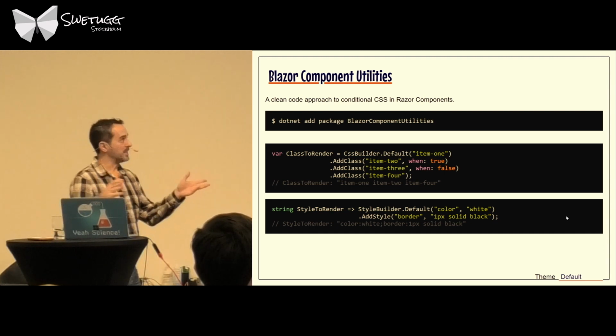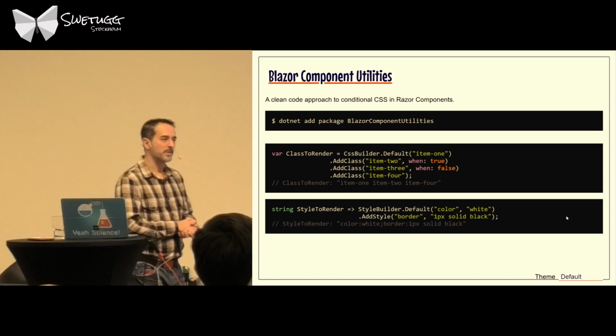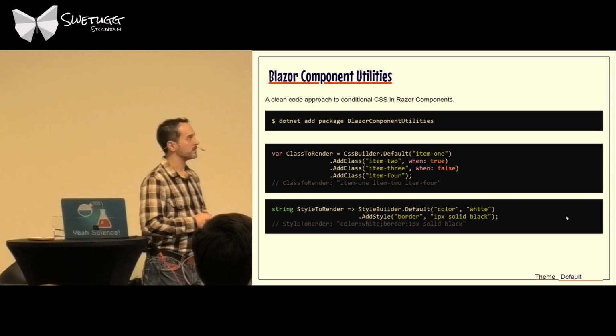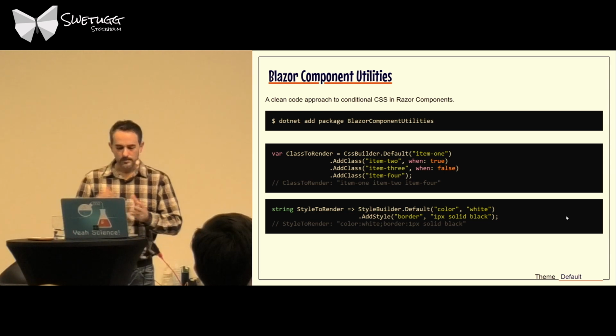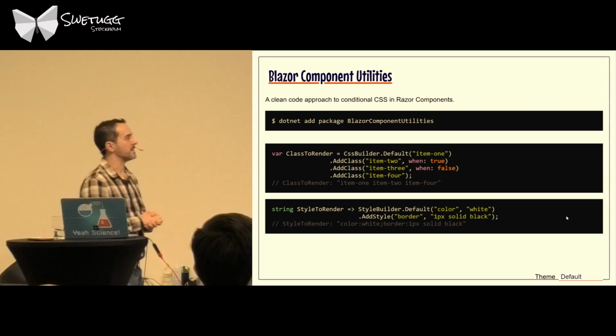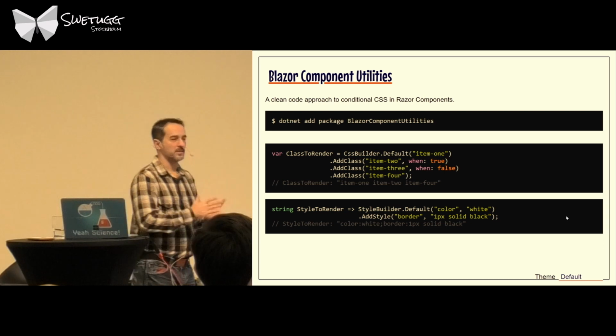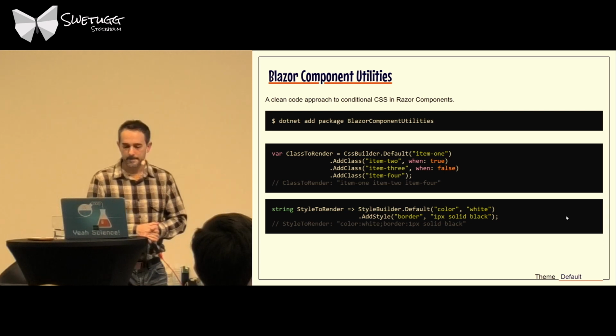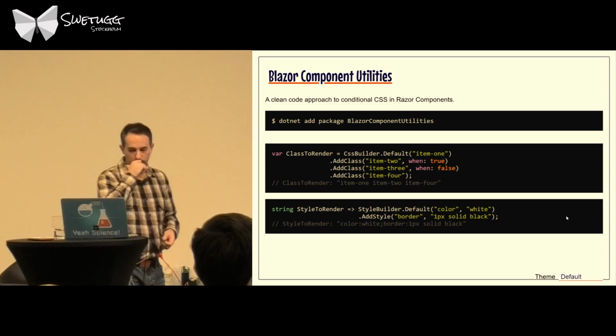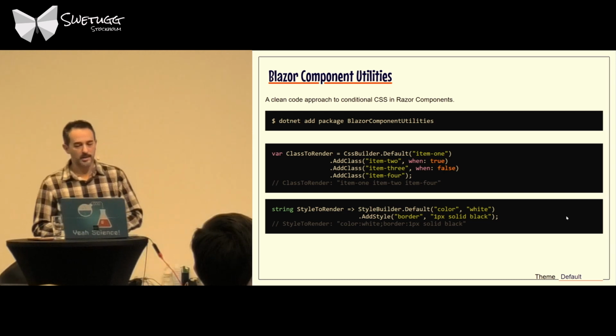The API is pretty deep, so you can do a lot of clever things with it. You can pass in function delegates instead of just Boolean flags. There's a lot of room to be creative there, and still it remains pretty readable because of the API. You can do that with styles as well. So you can use Style Builder instead of Class Builder.